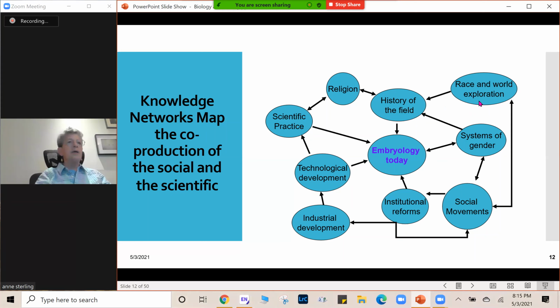So colonial and racial exploitation, and also exploitation of distant natural worlds, contributed to the development of the history of the field.